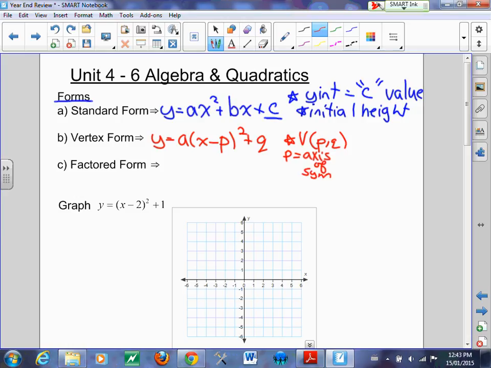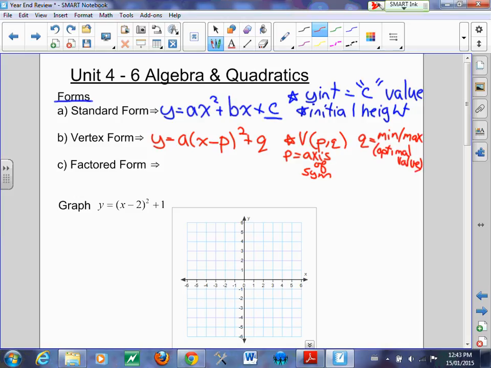And the q tells us the min-max optimal value. So remember, folks, if you were asked to find the maximum height of the rocket, that's the q value. Okay? So min-max is also called the optimal value.